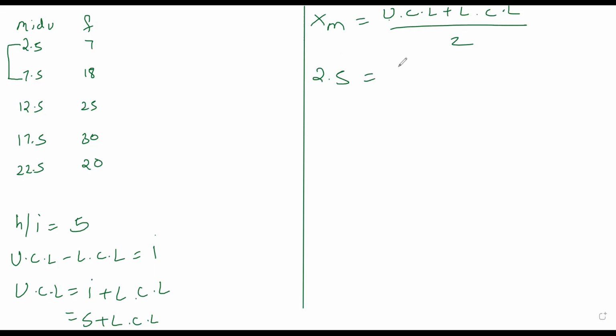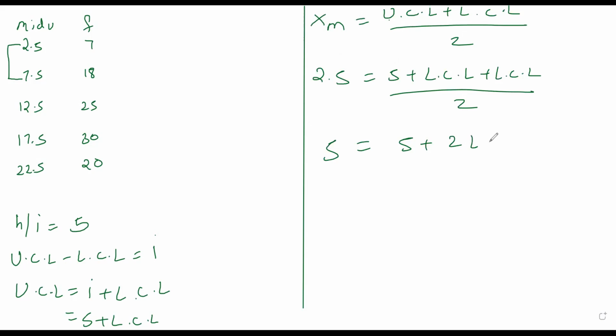So 2.5 is 5 plus lower class limit plus lower class limit divided by 2. This is 5 is 5 plus 2 lower class limit. This will become 0 to lower class limit. So lower class limit will become 0.